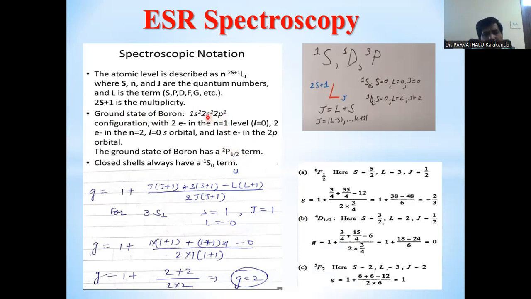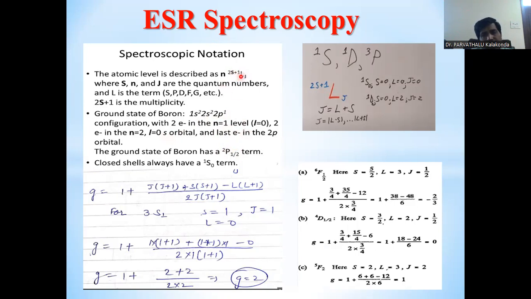For the S orbital, L value is 0. In the P orbital only one electron is there, so spin is half, and 2S plus 1 is going to be 2.